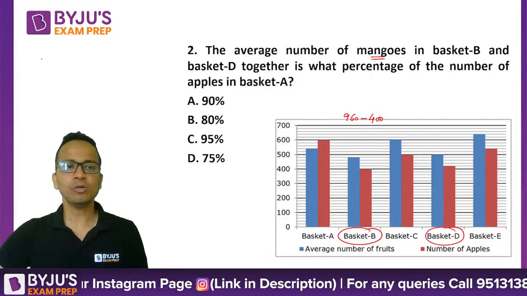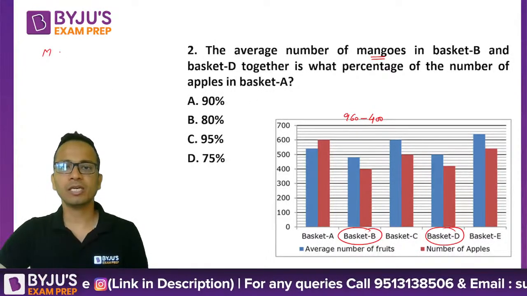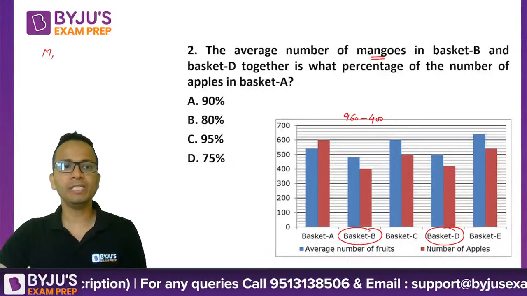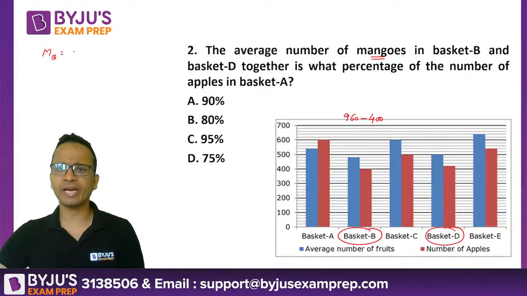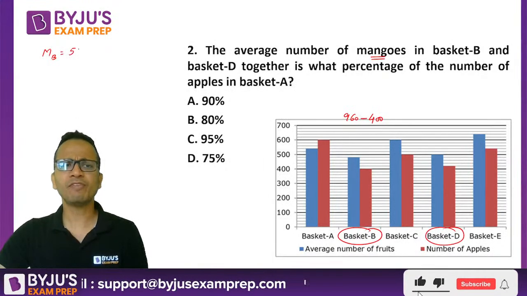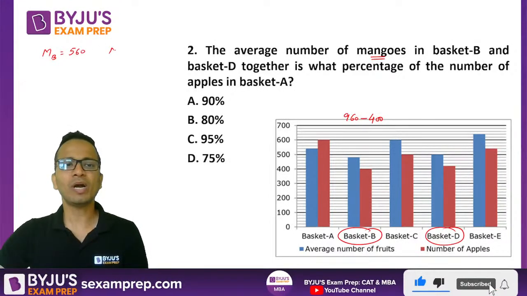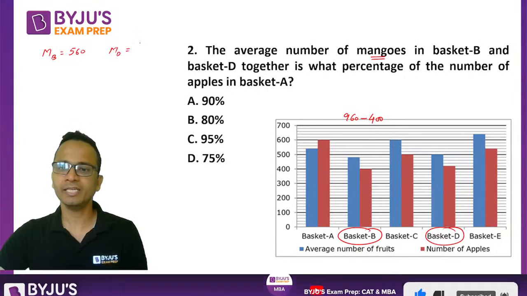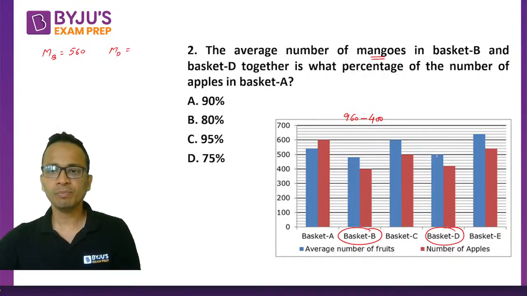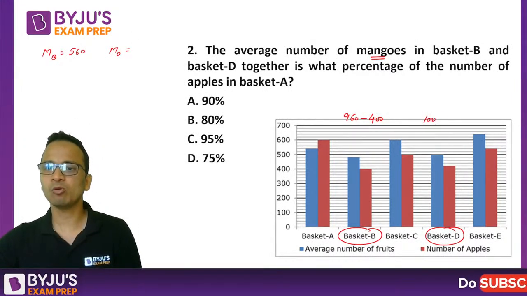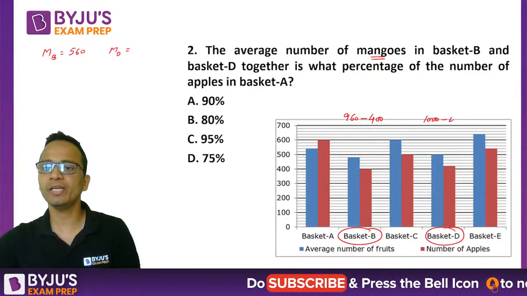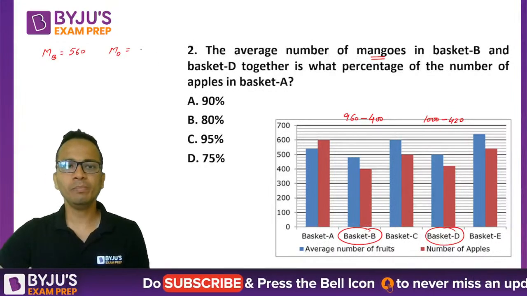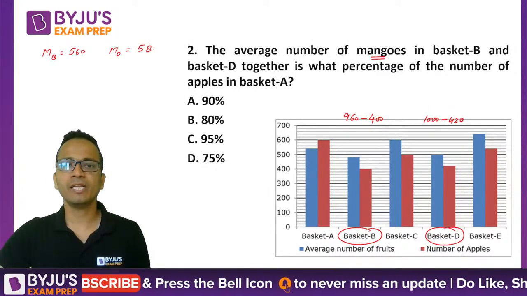So number of mangoes in basket B will be 960 minus 400. So all of you can write it. This will be 560. Similarly, what will be the number of mangoes in basket D? Can anyone write it? So it will be 500 into 2, that is 1000 is the total number of fruits, minus 420. So that will be equal to 580.